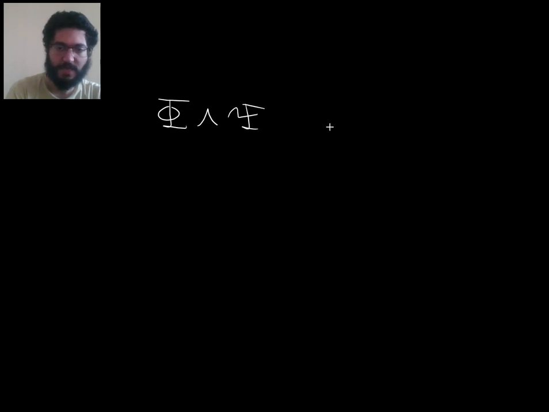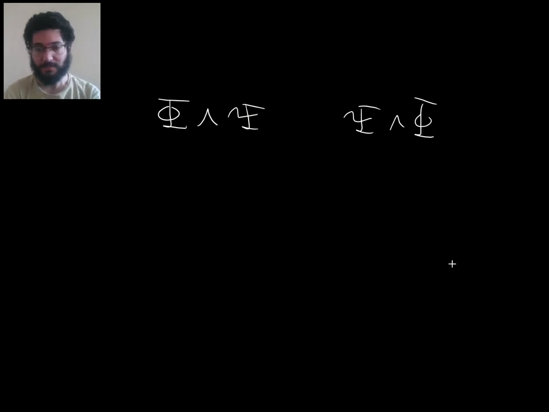Now that I have this symbol, I can clarify what was meant earlier when we said things like these two propositions are the same. So when we first introduced and, we said phi and psi, psi and phi are considered to be the same.